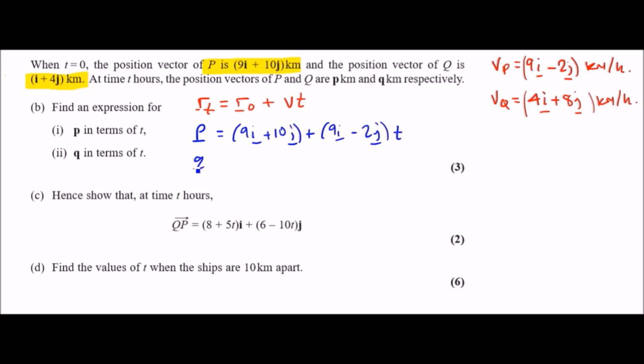And as for Q, same thing applies. The initial position is i plus 4j plus its velocity, 4i plus 8j, times t.